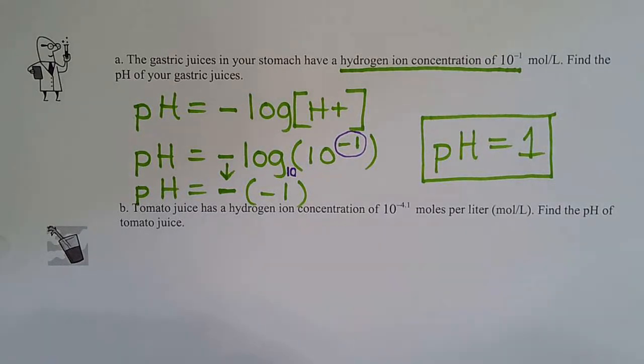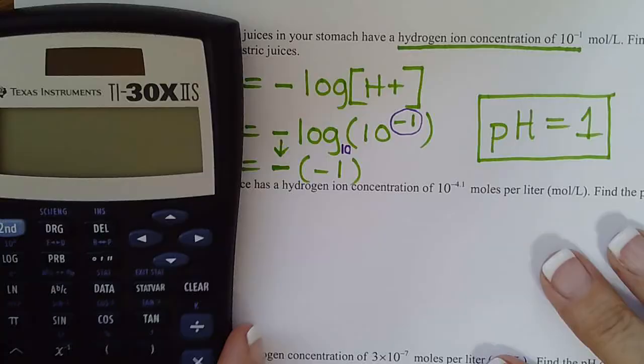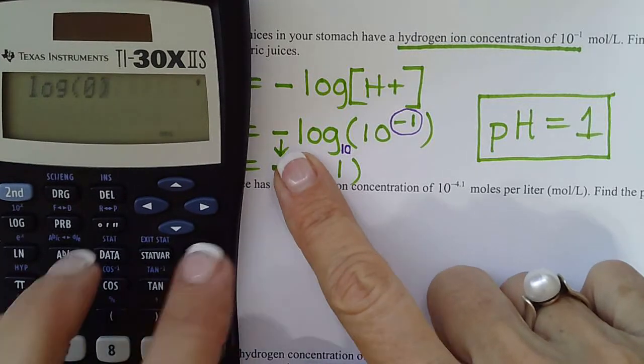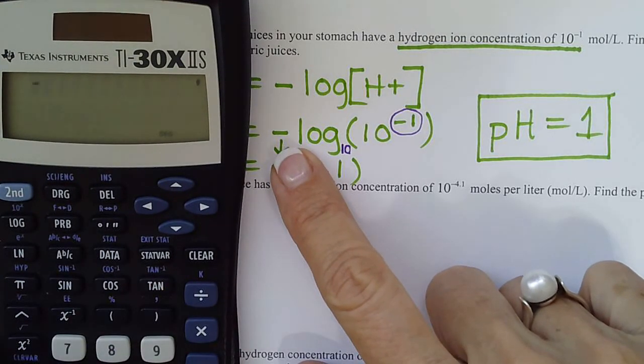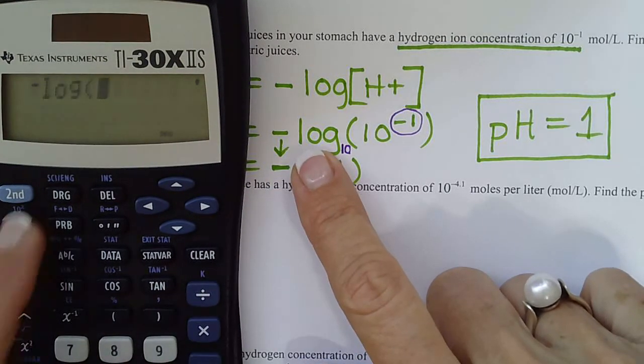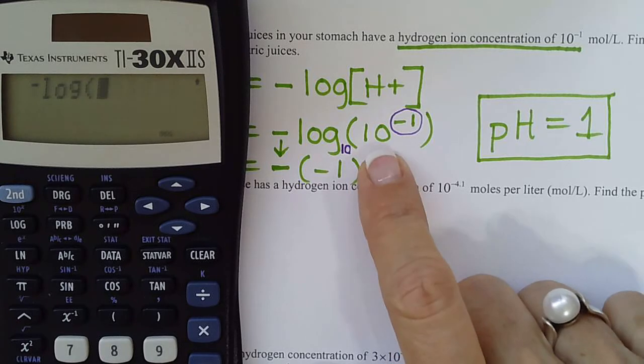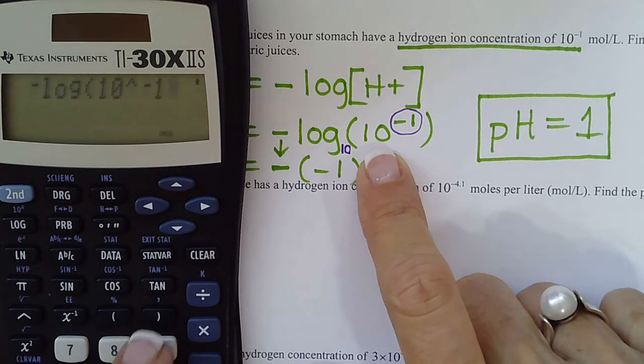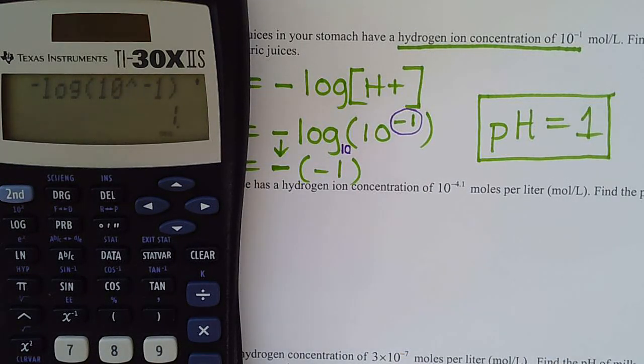So that would be another type of question that your 150 teacher would put on the no calculator test. Because they'd be like, oh, well, you should know how to do that. If you were using a calculator, you type it in basically just like you see it. You type the negative sign, then you type the log. It opens a parenthesis for you, and you do 10 caret negative 1, close your parenthesis, boom, just verified our answer.